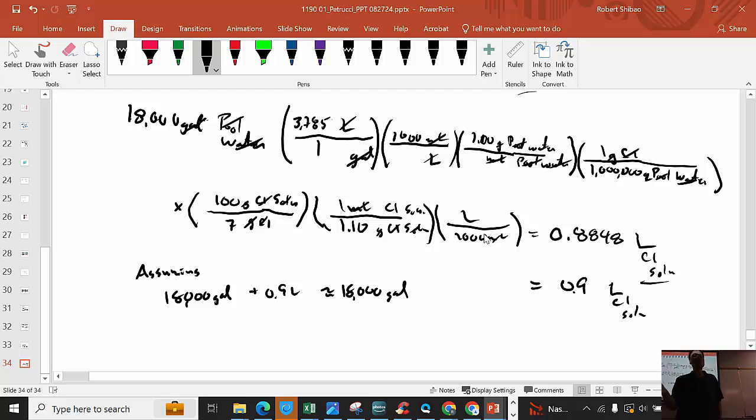But what if the volume change were significant? Let's say rather than adding 0.9 liters, I'm adding 1,000 gallons. If I'm adding 1,000 gallons and I'm doing my calculation based on 18,000 gallons, am I going to get the right amount of chlorine? Okay, and so this is the advanced level of problem solving. Actually, there are a few of these in the homework, and that is there's another way.